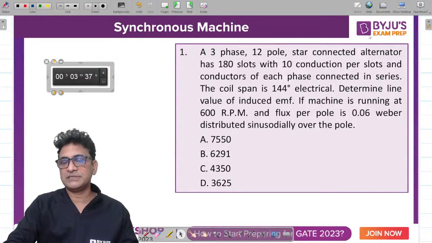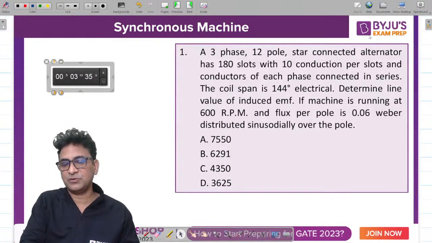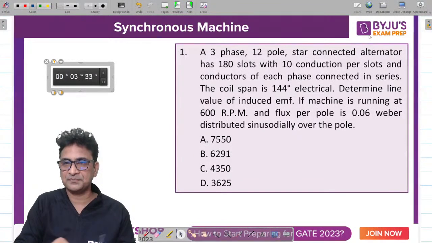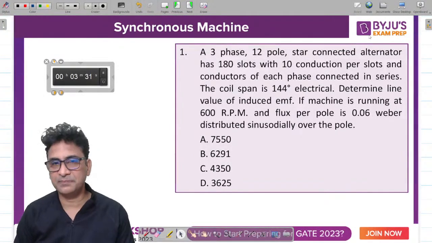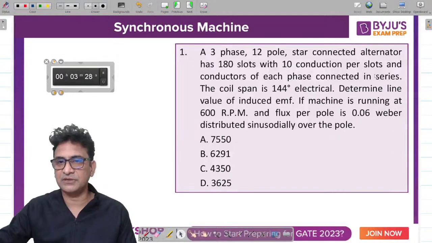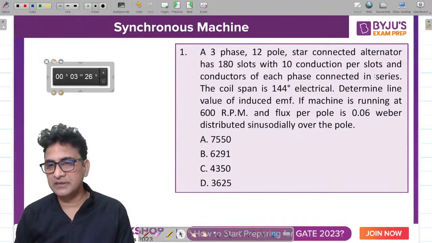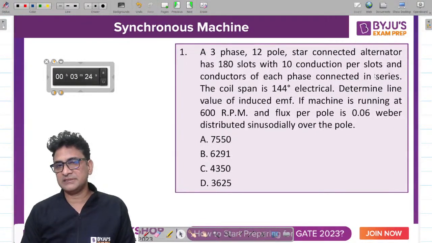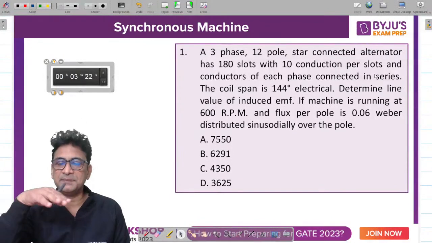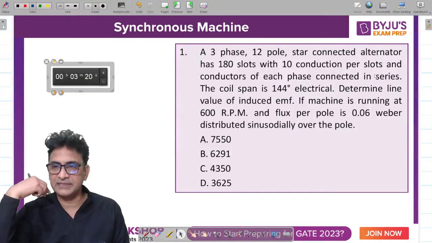Three-phase 12-pole star-connected alternator. It has total number of 180 slots with 10 conductors per slot, and the conductors of each phase are connected in the series. The coil span, that means the coil pitch, is 144 degree electrical.